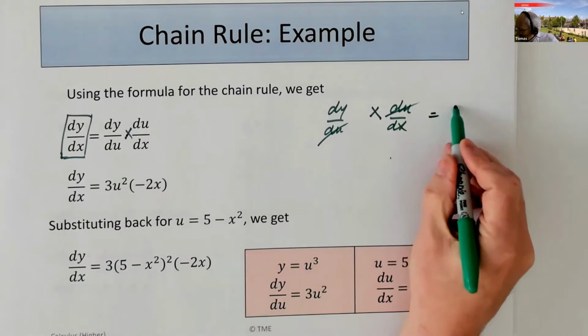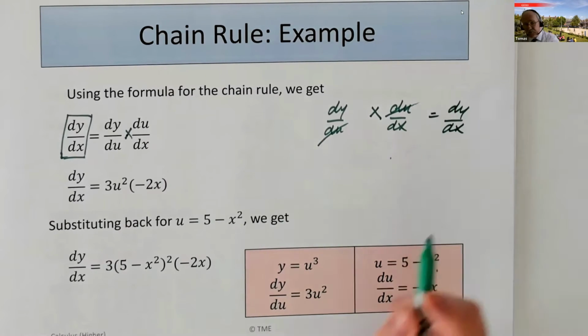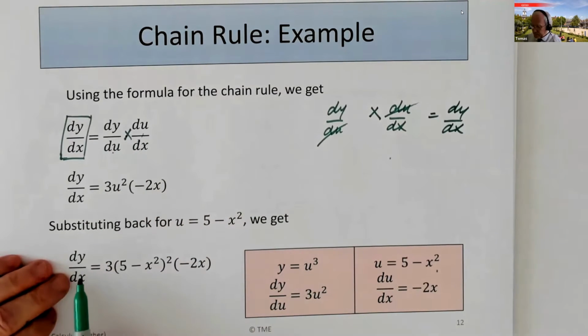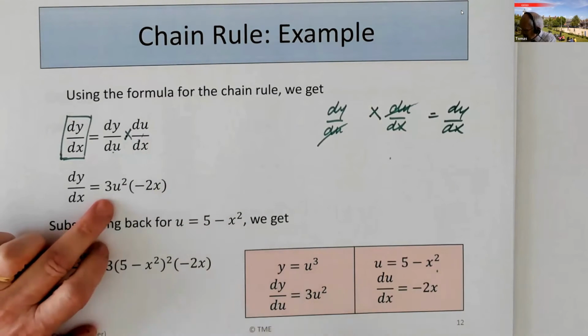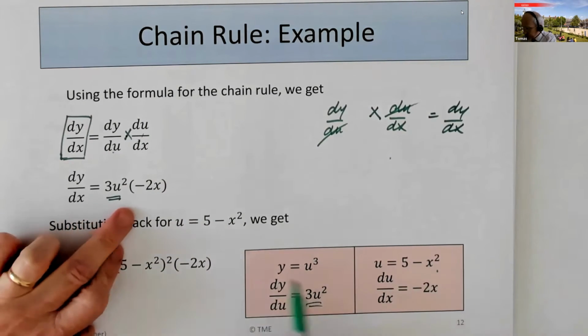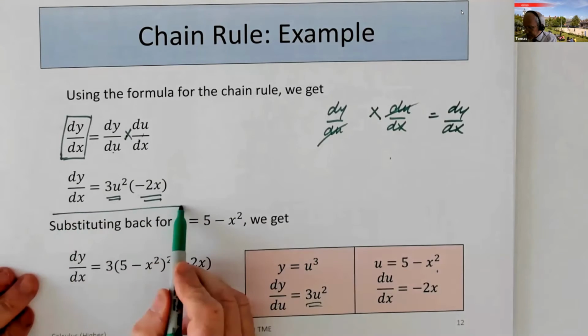So I'd be left with dy dx. So effectively all I need to do is multiply dy du by du dx. And I'm going to do that. dy du, I'm told, is 3u squared. And du dx is minus 2x. So that's my answer.